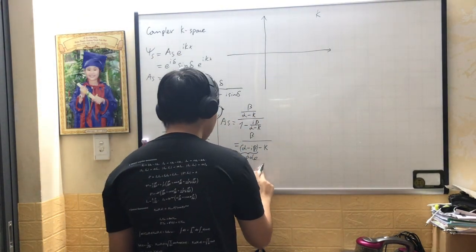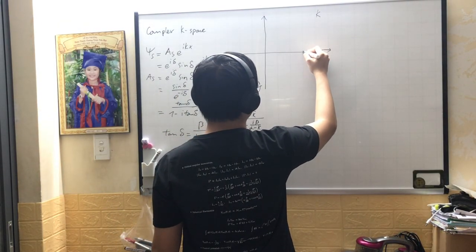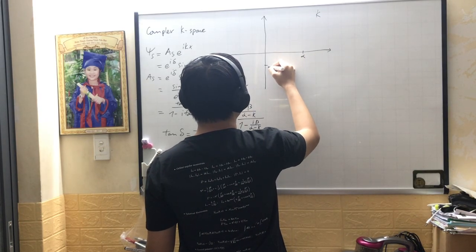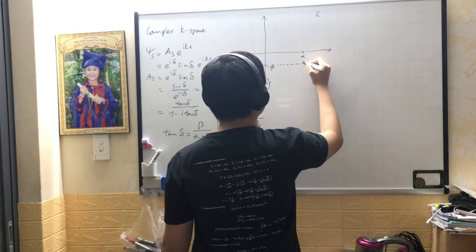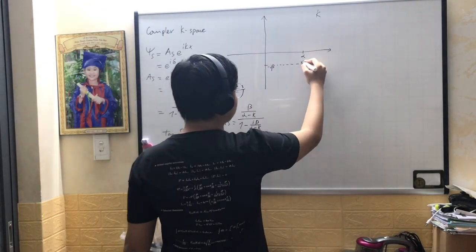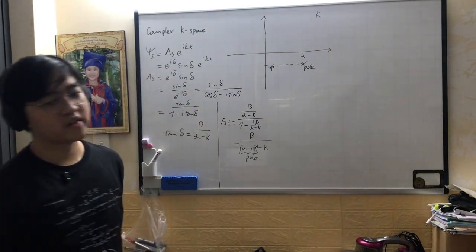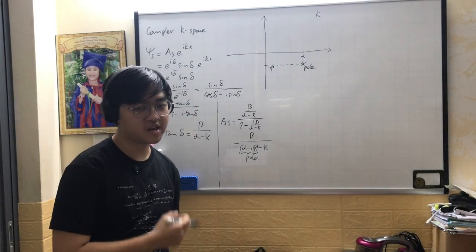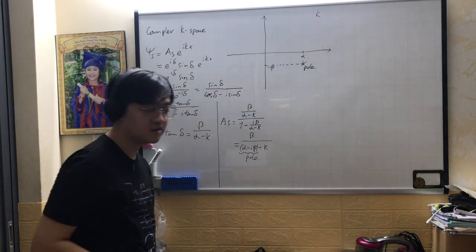So say that your alpha is here and your minus i beta is here. Draw that, and the point here would be the pole. And this pole specifically would indicate resonance that happens when the energy is at this level.